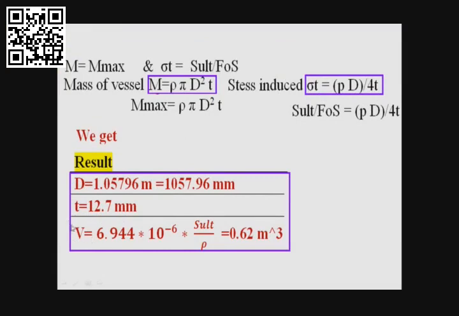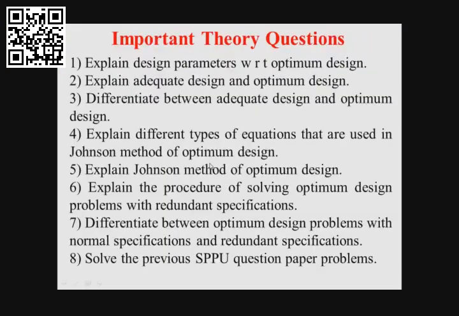If you substitute these values of D and T in the volume, or otherwise substitute SUT and ρ, we get the volume as 0.62 meter cube.